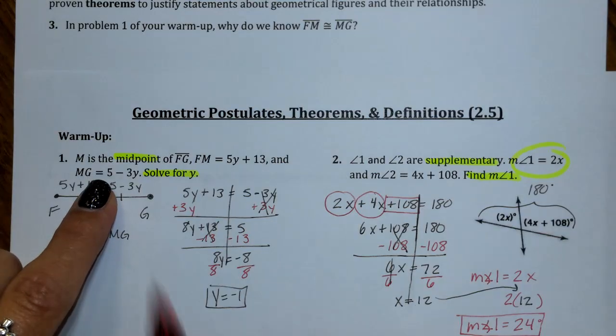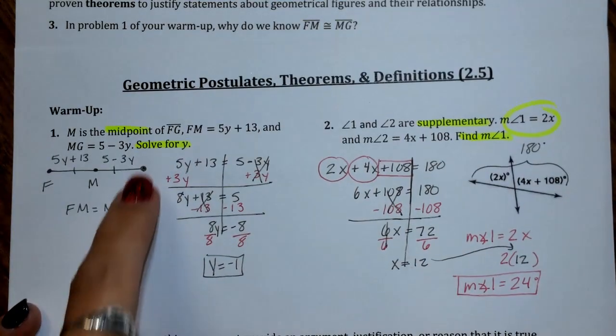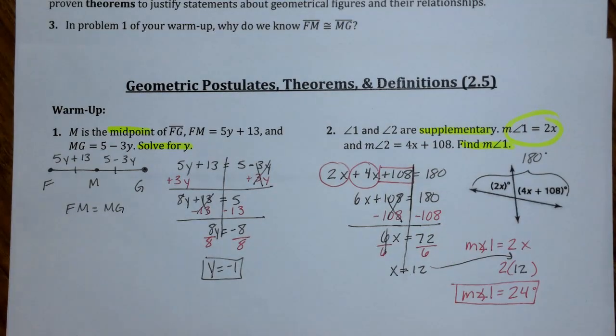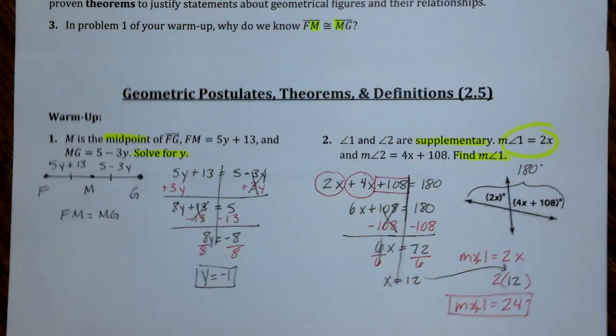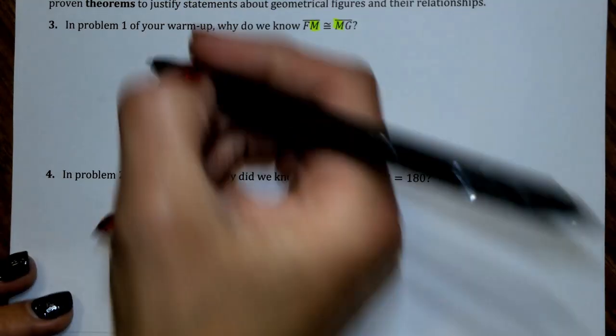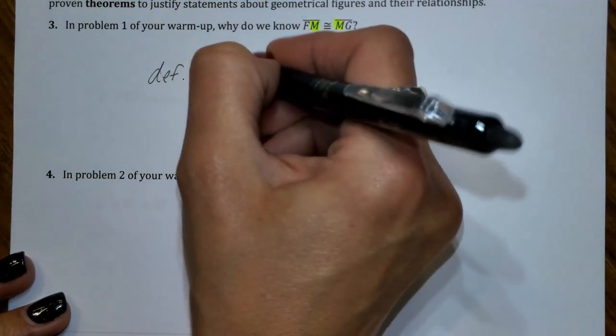The reason we knew these were congruent was because of that word midpoint. And if we look up here in this statement, we're going to see that shared letter. So the answer to this is definition, I'm going to abbreviate, of midpoint.